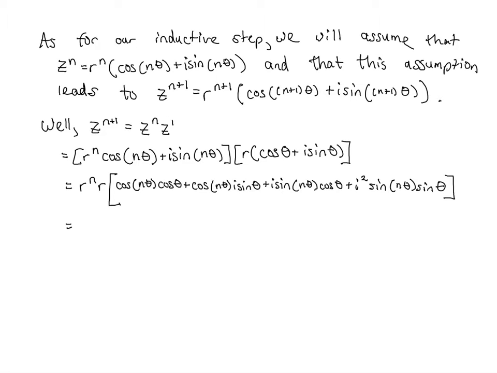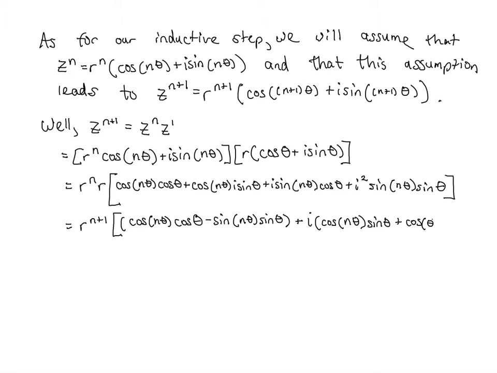Like I said, r to the n times r is r to the n plus 1, and I'm going to keep that outside, and rewrite the inside as cosine of n theta cosine theta minus sine of n theta sine of theta, plus i times cosine of n theta sine of theta plus cosine of theta sine of n theta.